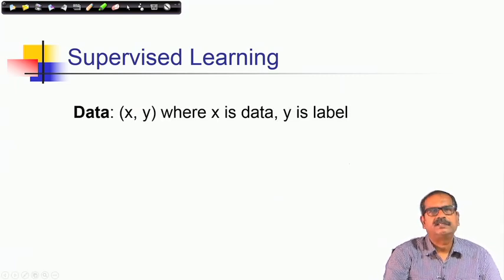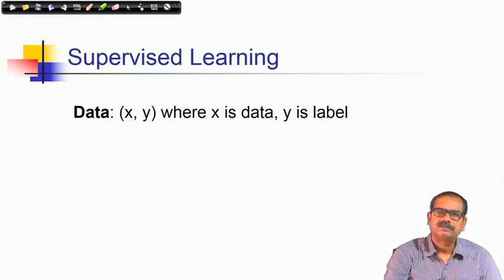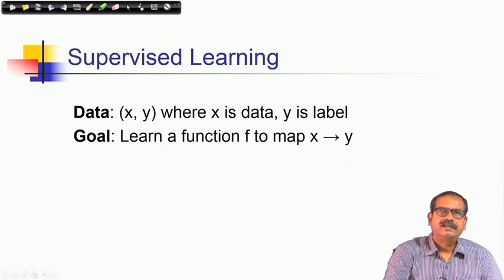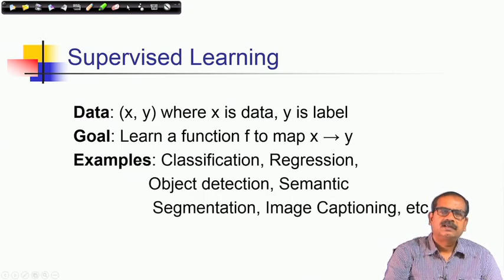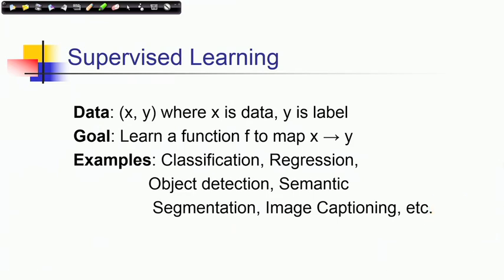So, the problem here is that you have X data and Y label. I am just revisiting this, we have discussed it also in the context of classification previously. So, X is the data, Y is the label, and our goal is to learn a function f which will map the data to the label. And different kinds of problems like classification, regression, object detection, semantic segmentation, image captioning, all could be mapped to this kind of learning framework.